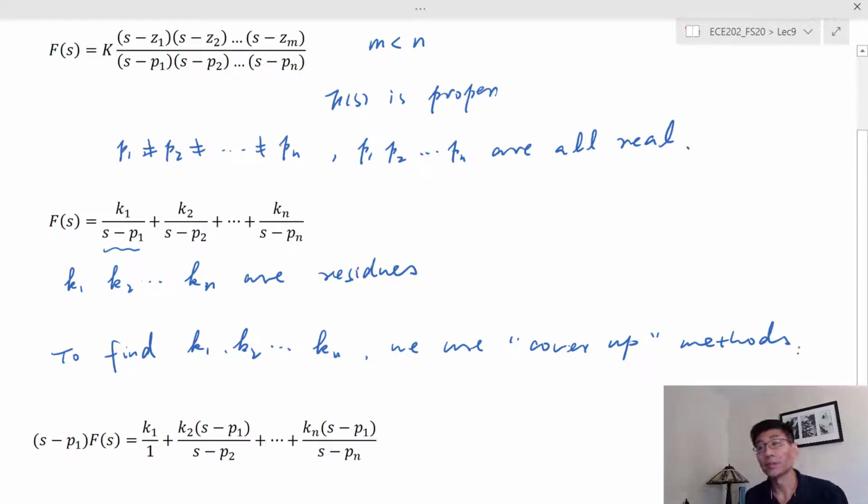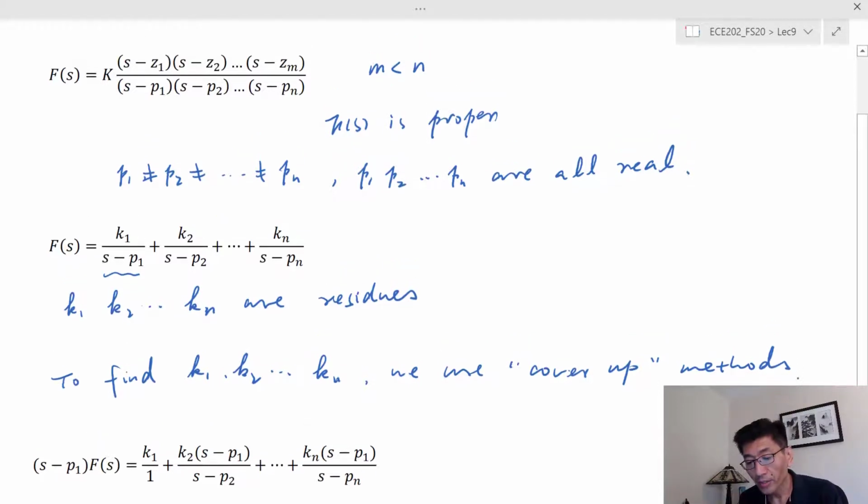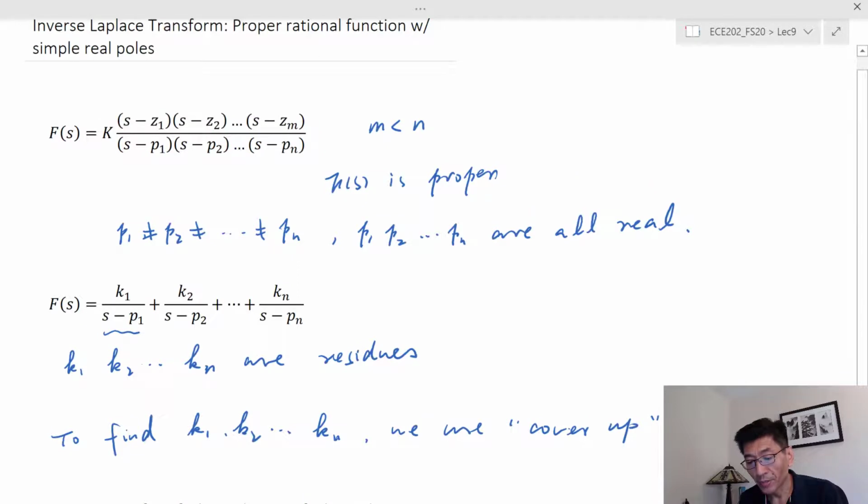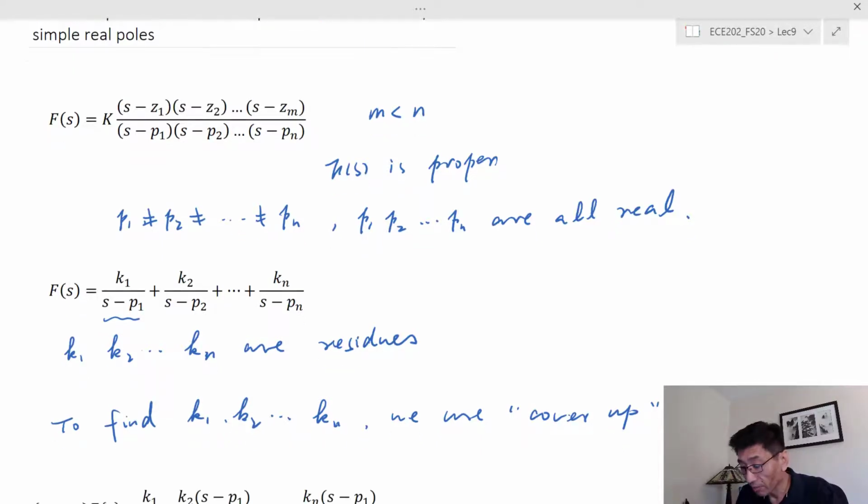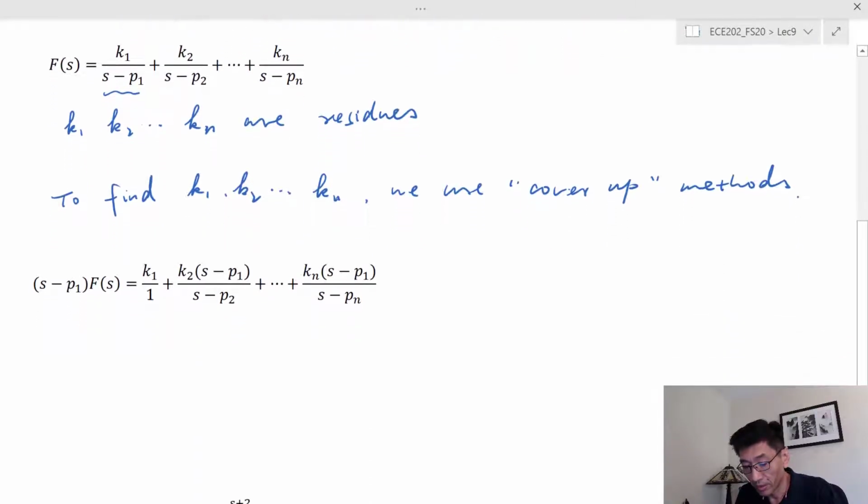Of course, alternatively, you could get a common denominator, get a polynomial in the numerator, and then use the coefficients of K1, K2, and solve the simultaneous equations to find those. That's also doable, but that's a lot more complicated than using the cover-up method. We'll see how the cover-up method works.